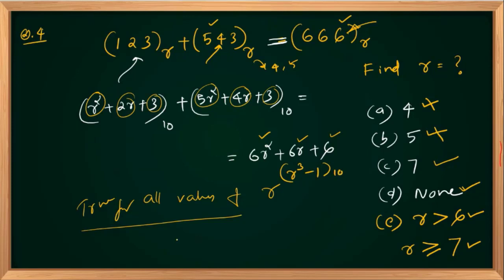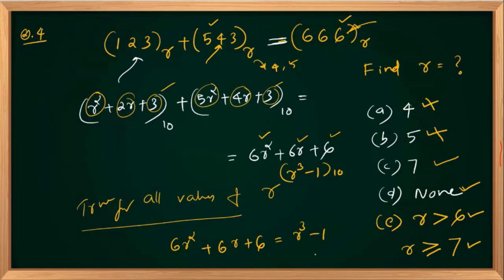So we'll have 6r square plus 6r plus 6. 3 plus 3 is 6. Will be equal to r cube minus 1. That is also true.